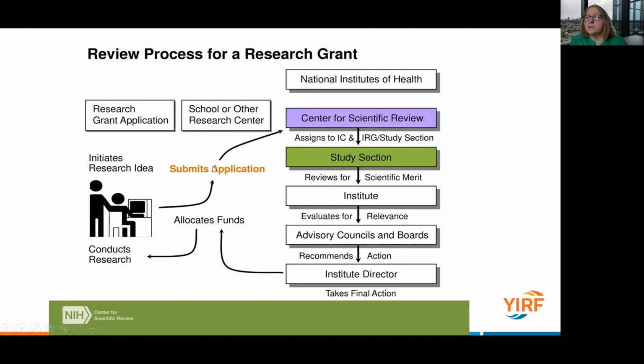Once the grant gets submitted by your institution, it goes to a center at the NIH called the Center for Scientific Review. There are a few exceptions, but that's generally where it goes. The Center for Scientific Review will look at your application and make sure that it's intact. Page limits were adhered to, font limits were adhered to, and that there are really no violations.